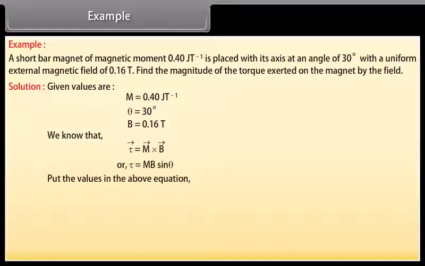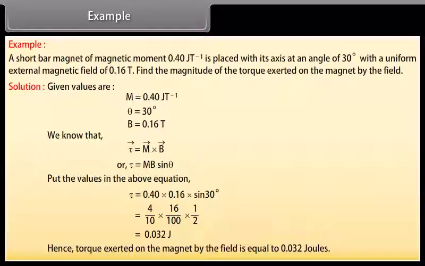Put the values in the above equation. Tau is equal to 0.40 into 0.16 into sine 30 degrees. On calculating, we get the value of tau, which is equal to 0.032 joules. Hence, torque exerted on the magnet by the field is equal to 0.032 joules.